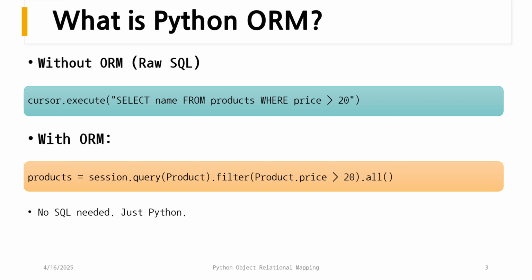The greater-than sign means greater than, so we're asking, show me all products that cost more than 20, maybe 25, 30, or 100. The result gets saved in a variable called products, which becomes a list of Python objects. And the best part, we didn't have to write any SQL manually, just clean Python code.